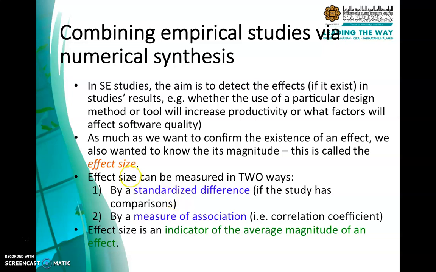We can also calculate effect size by means of association. For example, we can use the correlation coefficient as a measure of effect size. So effect size is an indicator of the average magnitude of an effect.